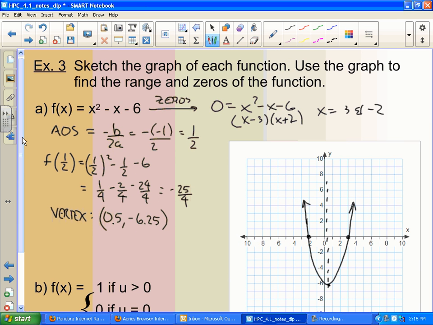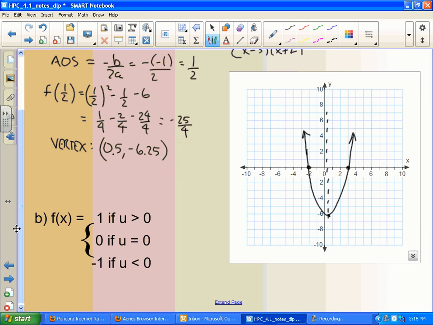It just wants the range. In this case, my range is the vertex and everything above. So I would write range y such that we can include the vertex, negative 6.25 to infinity. The range for that one.